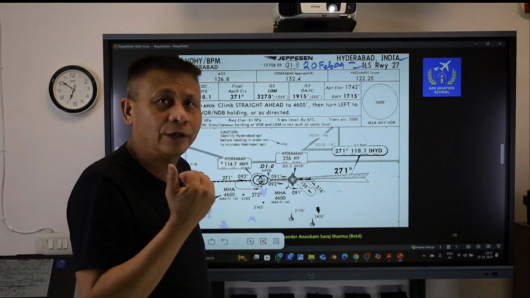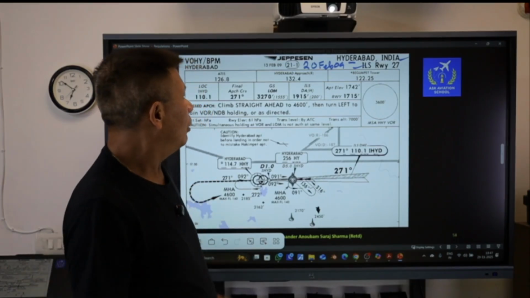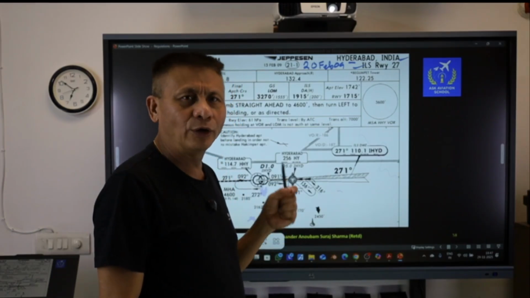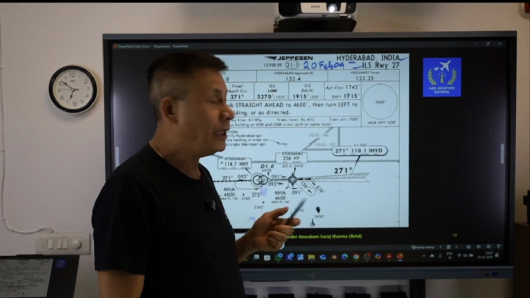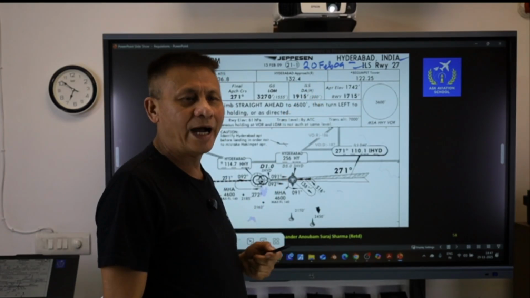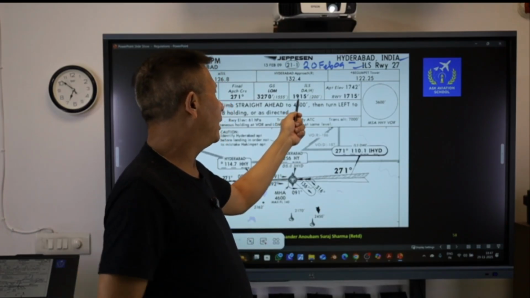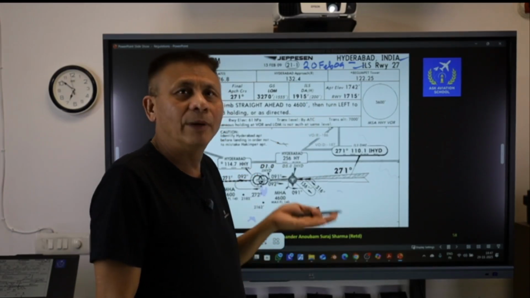Therefore it is known as a precision approach instrument. On a precision approach, the minimum altitude up to which the aircraft can descend is known as the DA, and if it is expressed in terms of height, it is known as the DH, for which it is 1915 feet, or DH is 200 feet, that is above the ground.